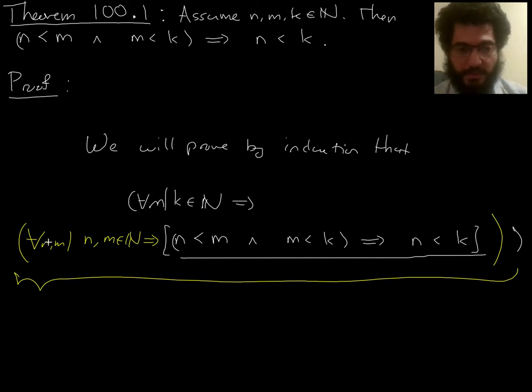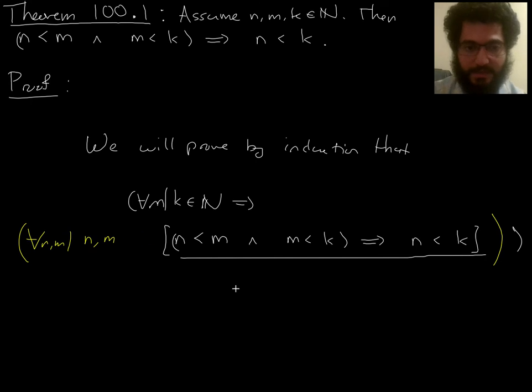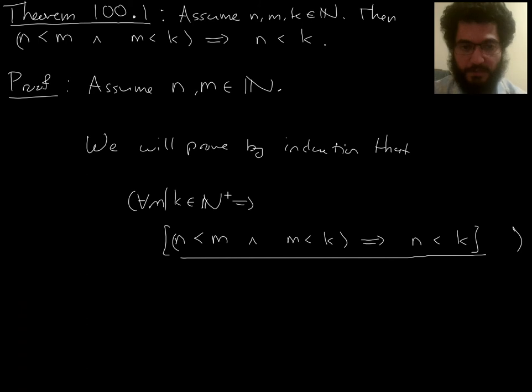Sometimes you need this technique of making the thing that you're proving by induction include more of the variables under universal quantifier so that you end up with a strong induction hypothesis that you can use. But this is not one of those times. It turns out that in this particular case, this is sufficient.